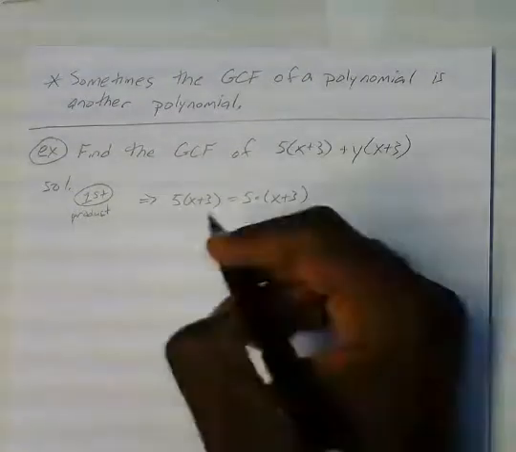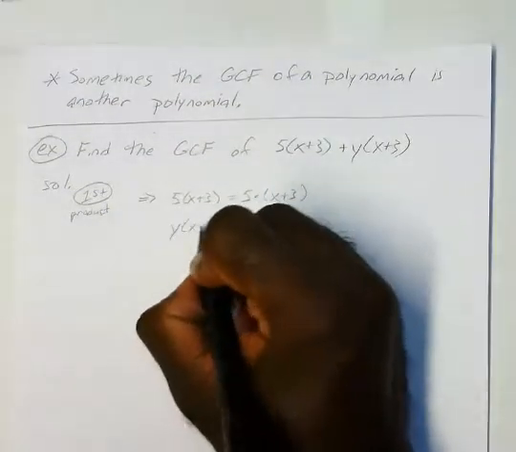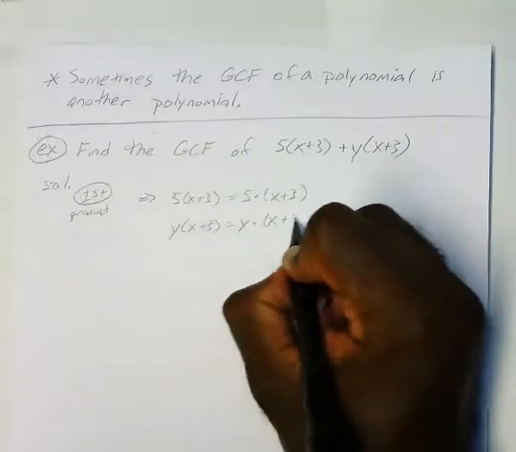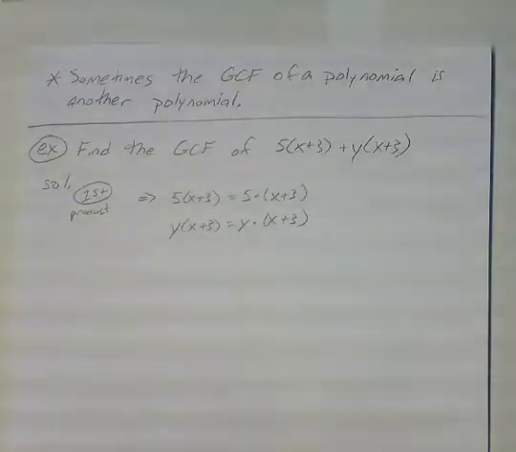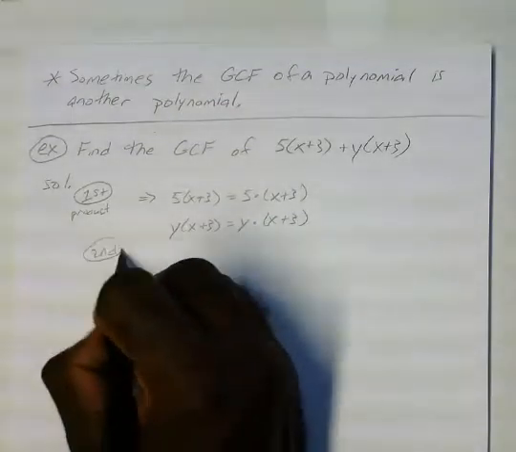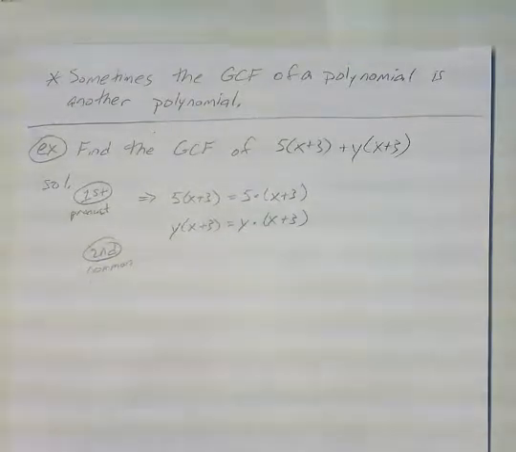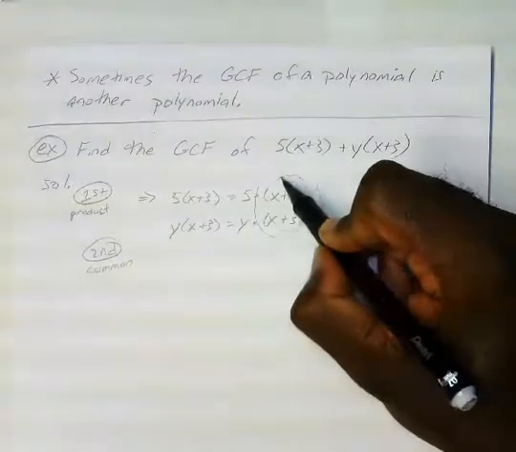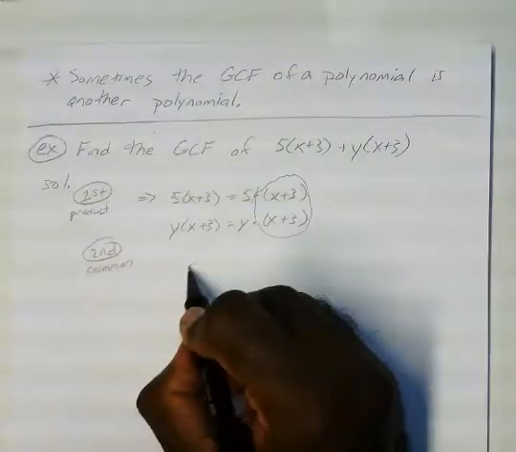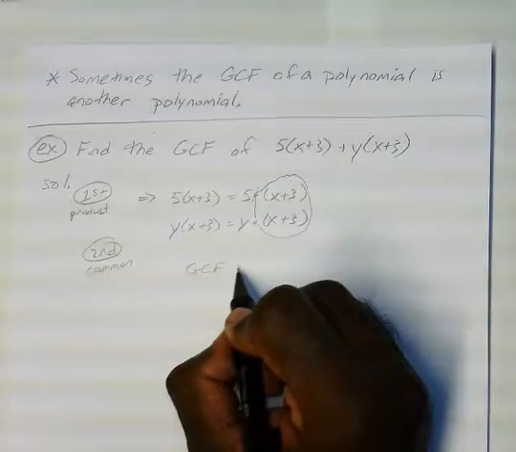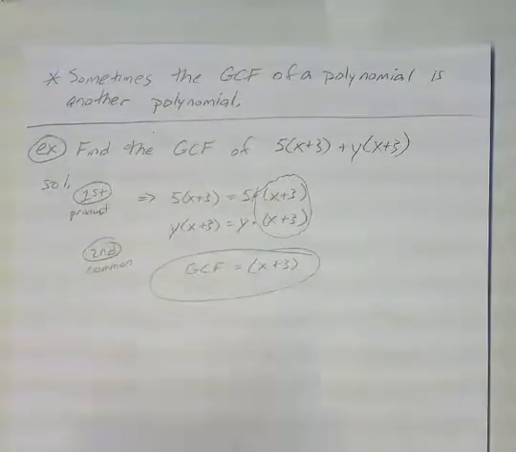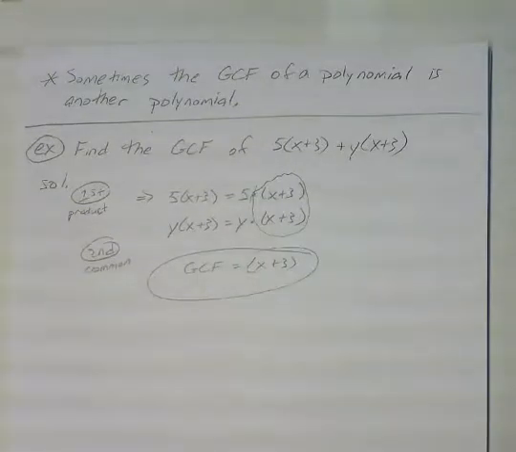Same with y times (x + 3). Remember the second step: you have to look for the common factor. The only one they both have in common is the (x + 3). So your greatest common factor is just the (x + 3). Okay, and that's your answer.